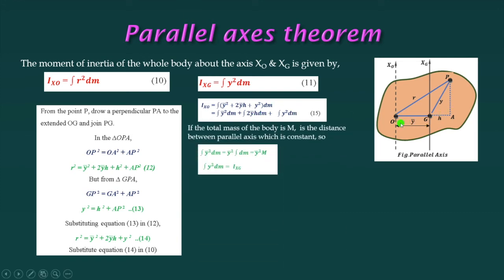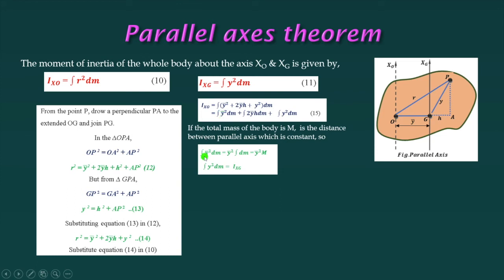Now see, this y bar is a constant value because the distance between these two parallel axes is known to us. Note that this axis is passing through the centroid of the body, and the distance between these two axes is y bar. So here y bar is constant.